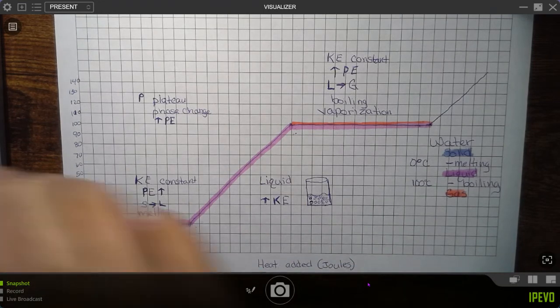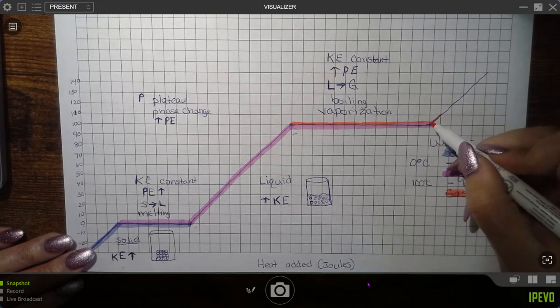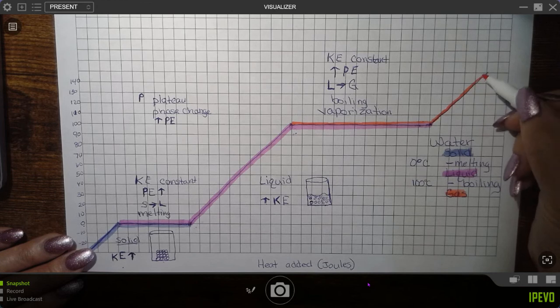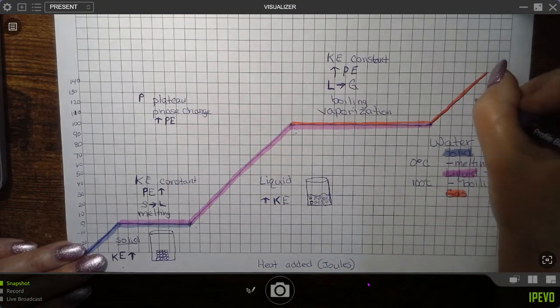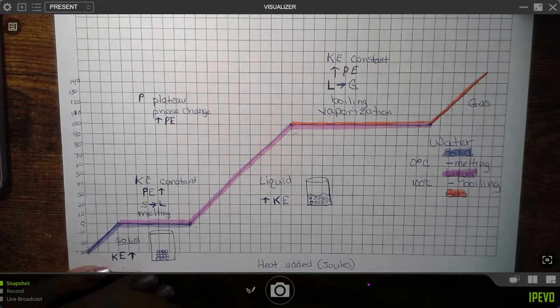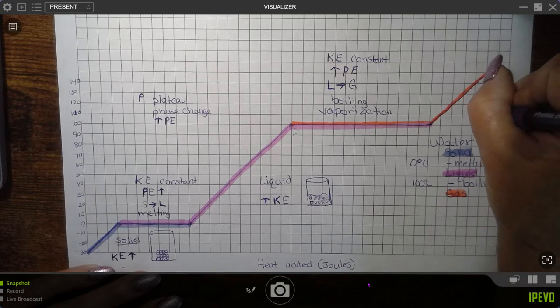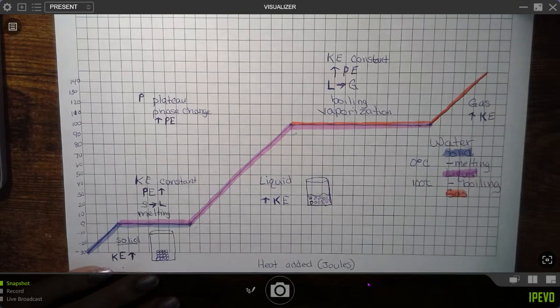This segment of our graph is only gas now. There's no liquid anymore. So this last leg is the gas phase, and the kinetic energy is increasing again as the temperature climbs.